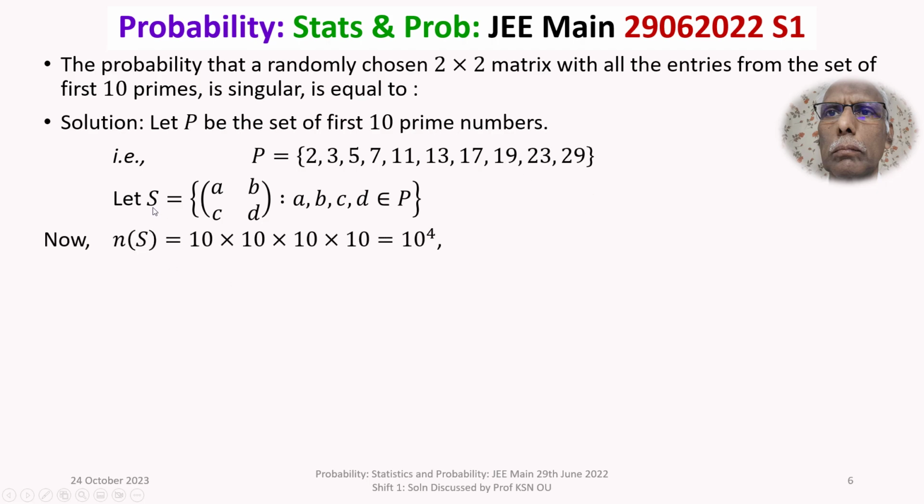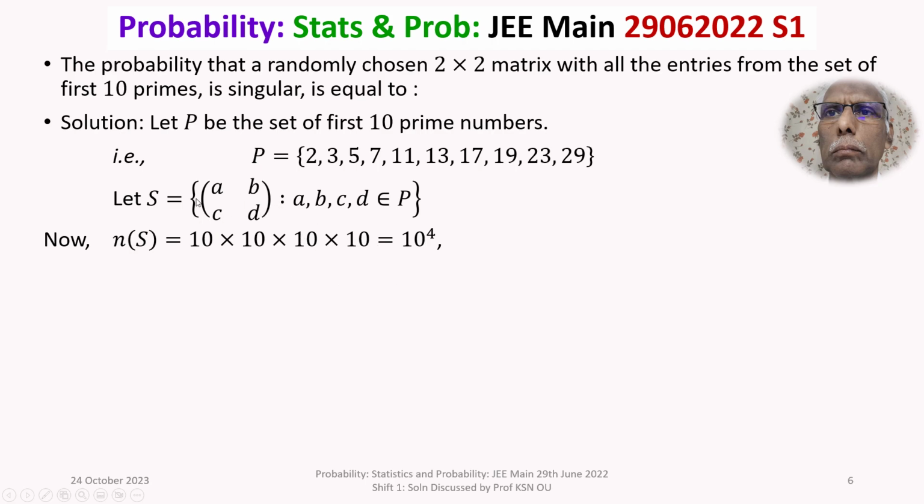Now, the order of S, n of S, is equal to 10 into 10 into 10 into 10, that is 10 to the power of 4. Why? Each entry, that is A, B, C, D, has 10 choices. Then for A 10, for B 10, for C 10, for D 10, use the product rule.